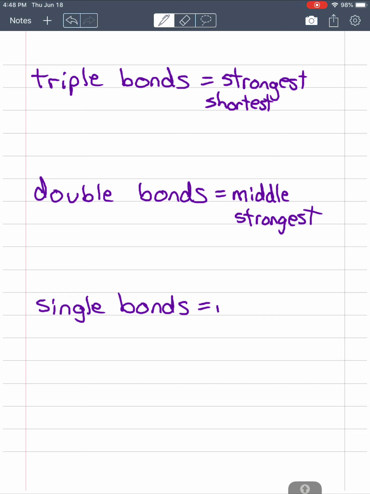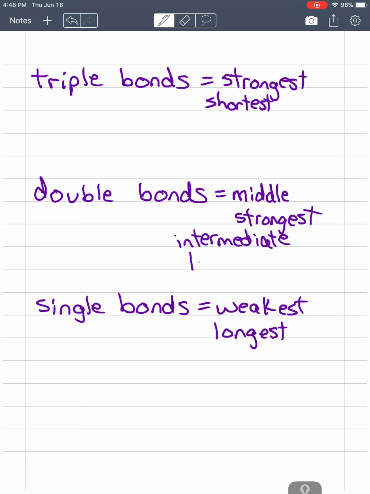And the single bond is weakest and is longest. All right, so the strongest one is the shortest one. The longest one is the weakest one.